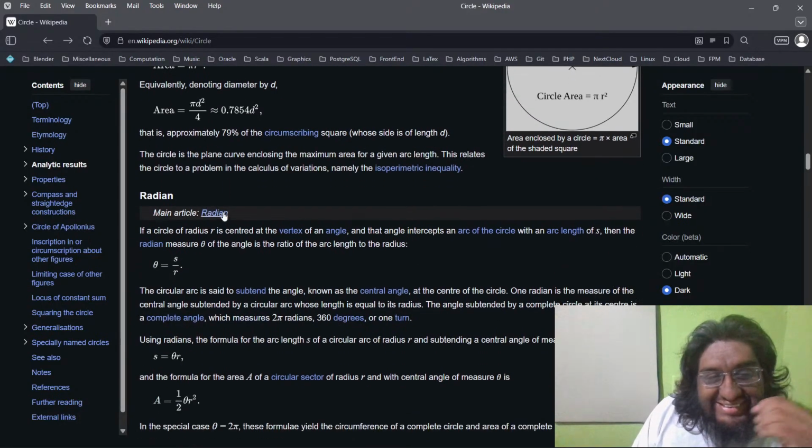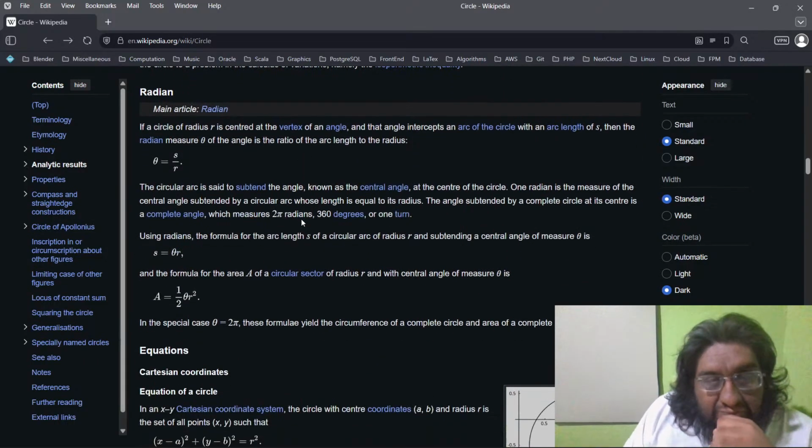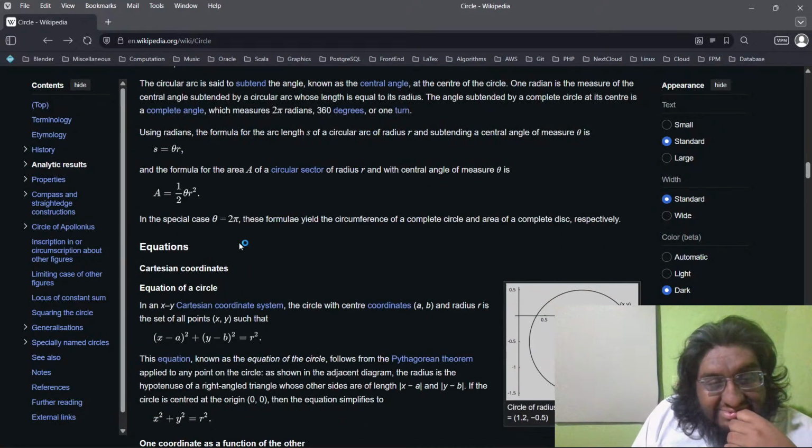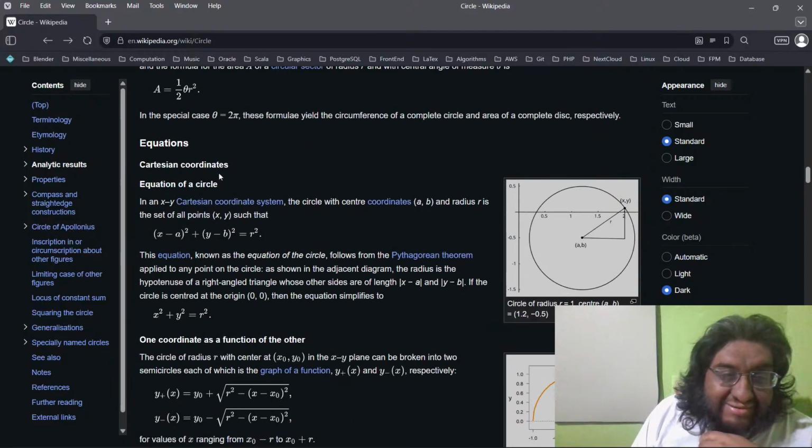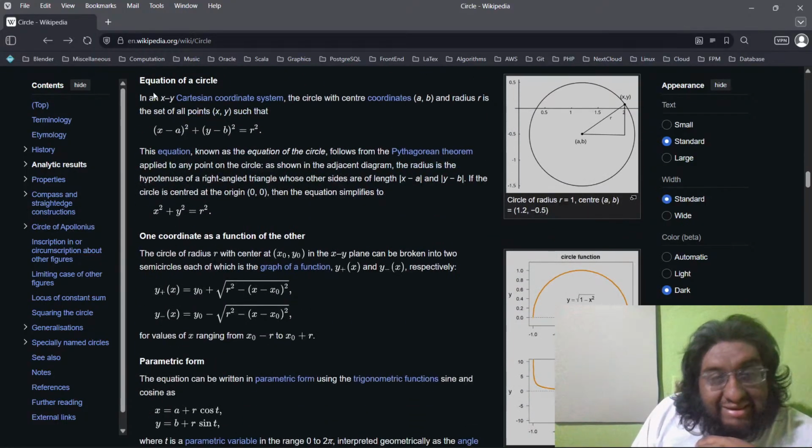And now look at this. The circle is a blank. Okay. A radian is a circle of radius. Okay, cool. And now we have the equations, and we have coordinates, and we have the equation.